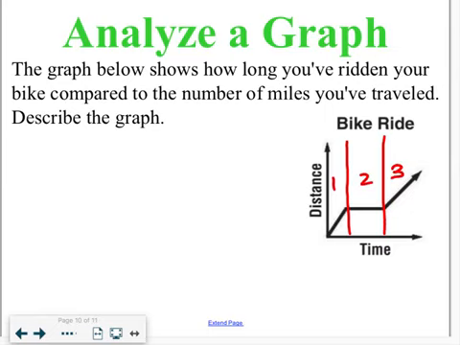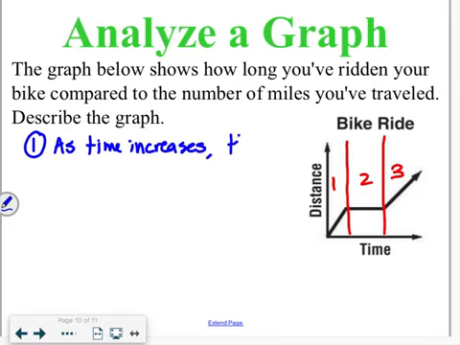The scenario that they give us is describing how far you have ridden your bike compared to the number of miles that you have traveled. So a good description for section number 1 would be, as time increases, the distance increases.